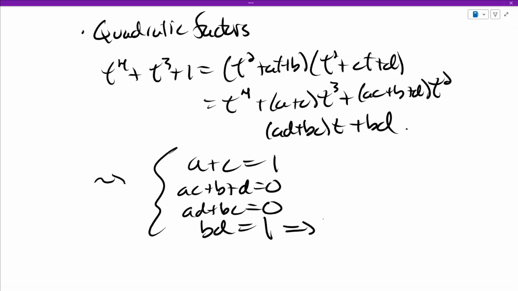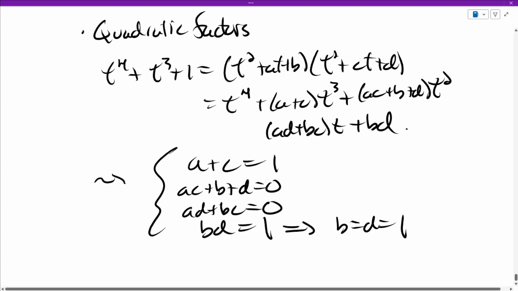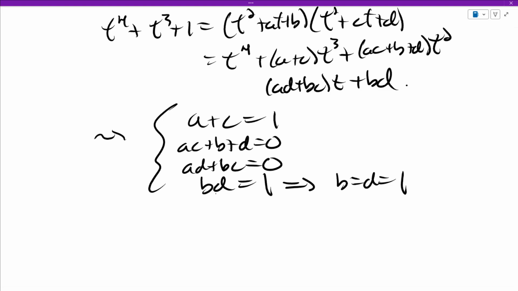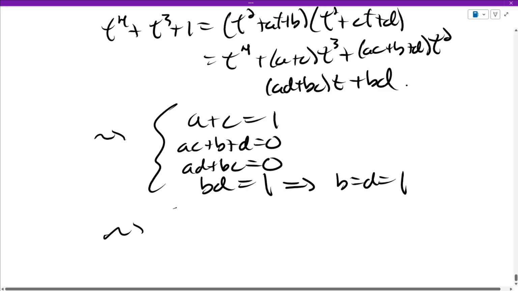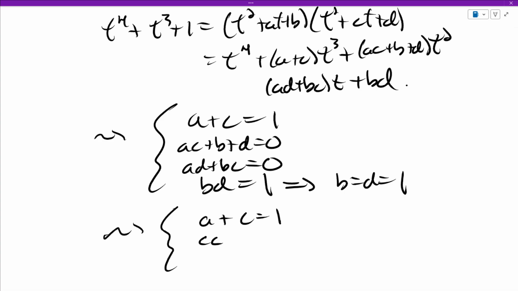So this automatically tells us b and d are 1, because neither of them can be 0. So I'm just going to plug in 1 everywhere. If we add b and d in the second equation, 1 plus 1 is 2. In F2, 2 is 0. So this is just a times c is 0. And then this is a plus c is 1. And this last one doesn't exist.